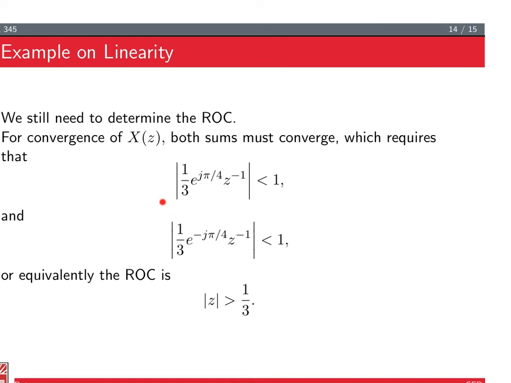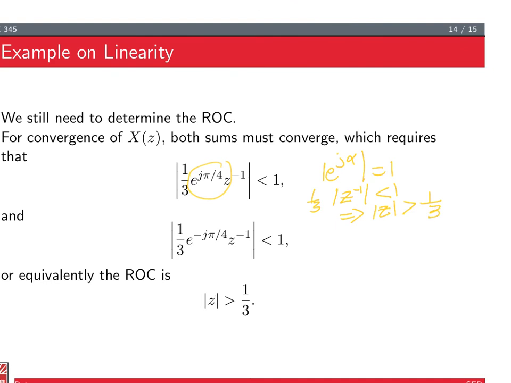So the first part has ROC given by this equation, and you know that the norm of e^(j anything) is 1. So this will give you that 1/3 times the norm of z^(-1) is less than 1, and this will give you that the norm of z is greater than 1/3.